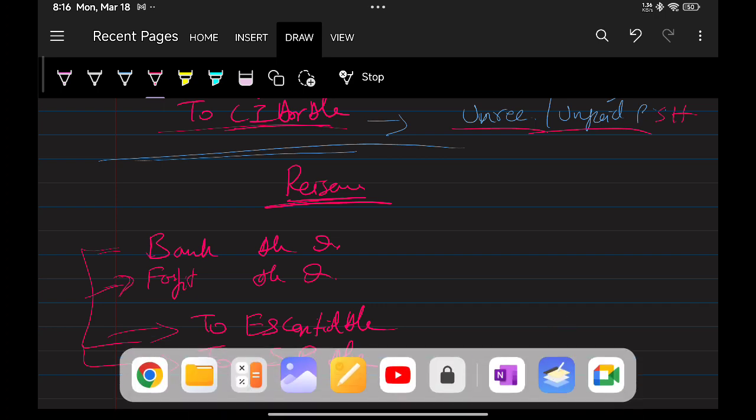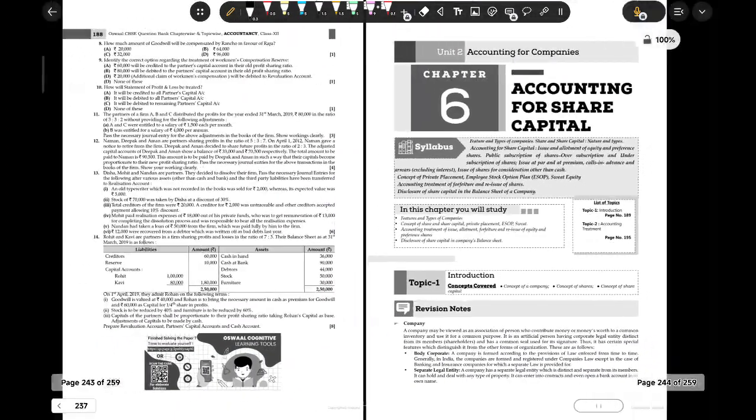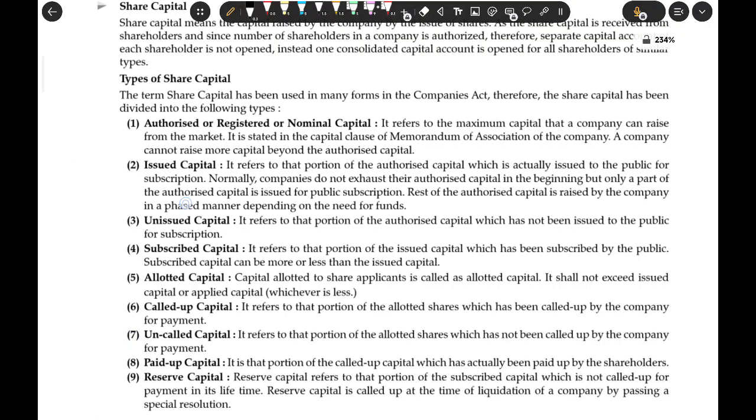So we will see the sums and some important topics related to share capital. Okay. So same thing only is there. Okay. And one mark important difference between authorized capital and subscribed capital. What is meant by authorized capital?